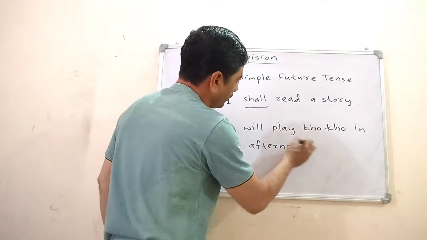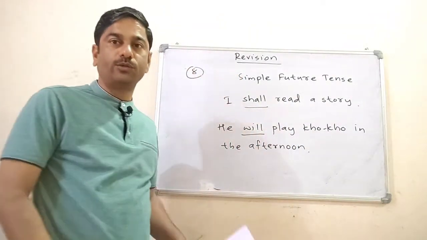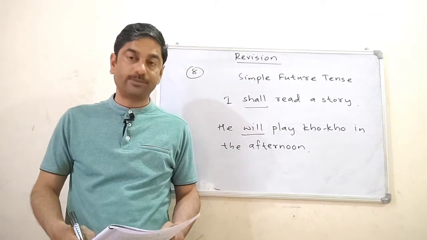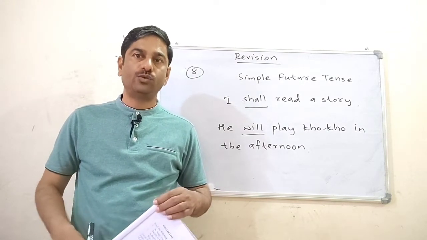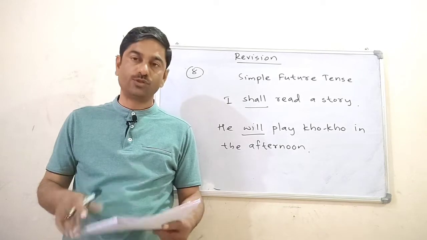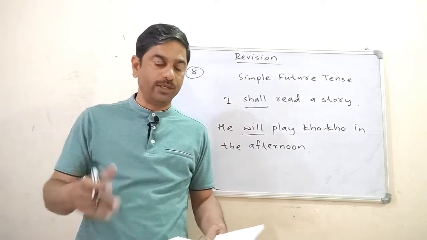So here, will. So you have to make use of shall or will as far as simple future tense is concerned. For I and we, you prefer shall, and for other subjects you prefer will.